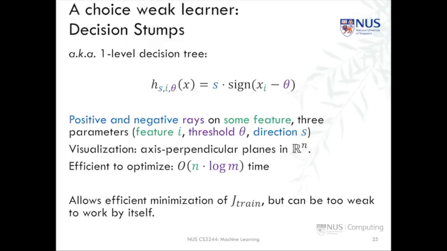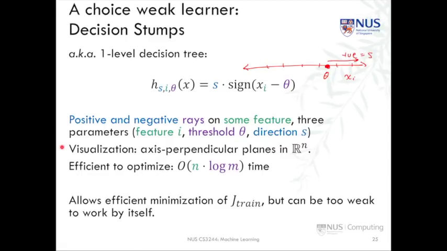So for example, if we choose xi as our feature to split on, we can choose a particular weight theta and then a particular direction, for example in the positive instance, as a parameter.